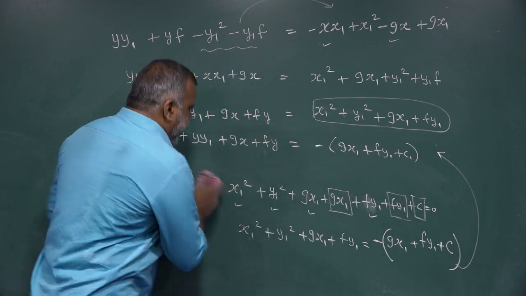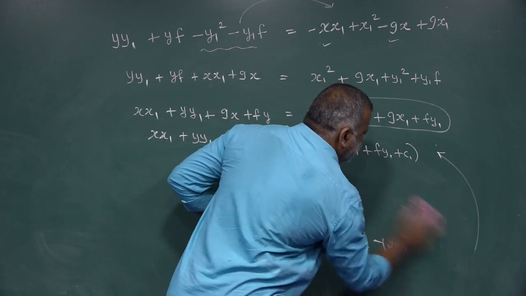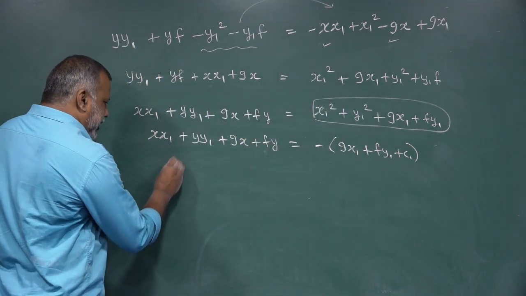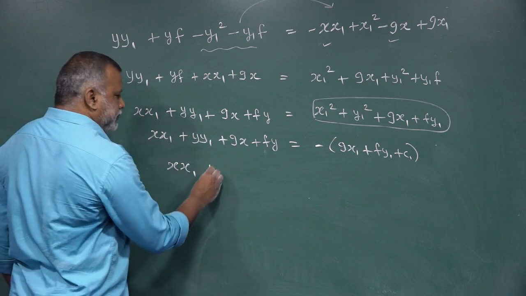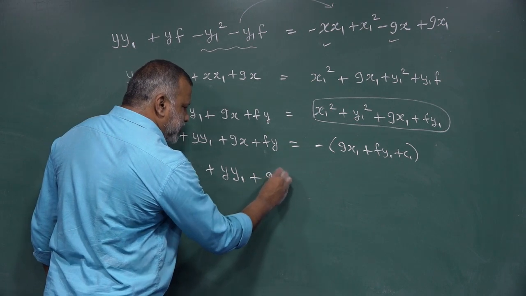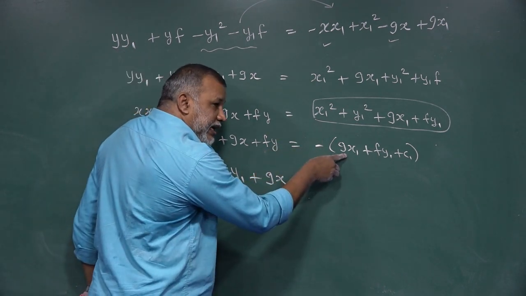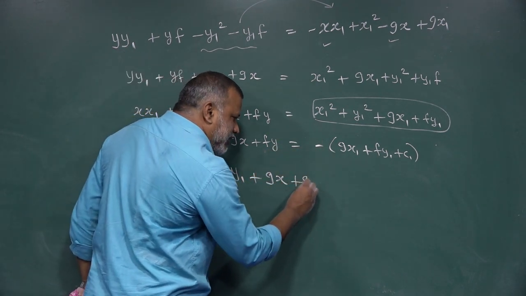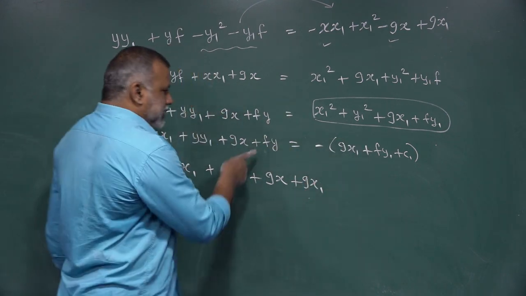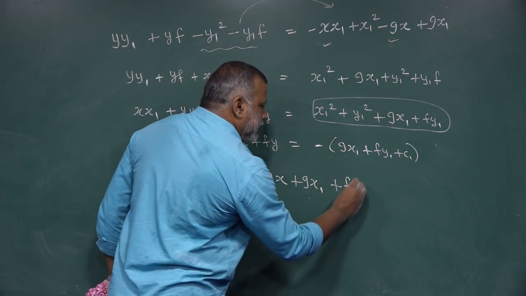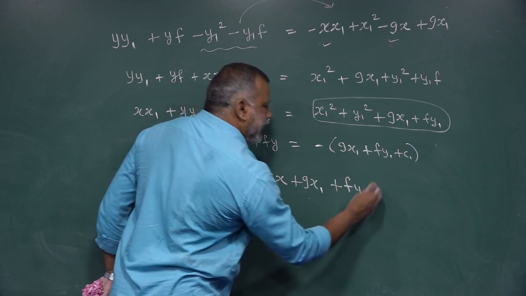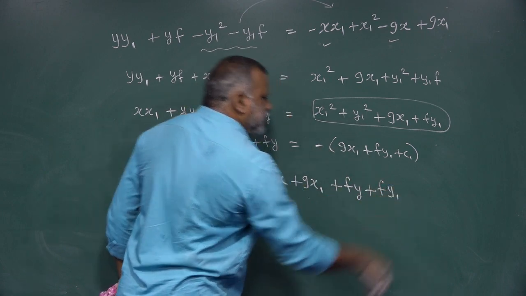Now convert this negative into the same side. I can write like this: xx1 plus yy1 plus, see here gx, negative gx1, I can pair here. That negative converted to the other side will become positive. fy is already on your LHS side, and the negative fy1 converted becomes positive fy1.